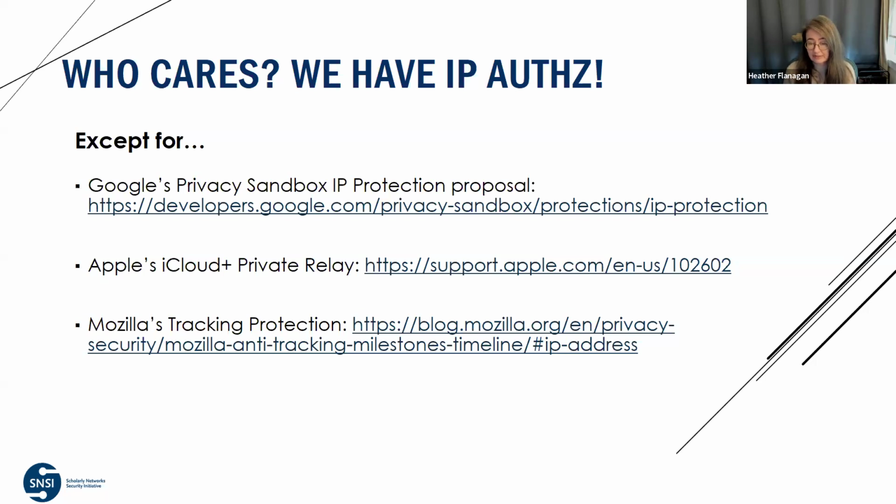This isn't broadly available by default, but it is certainly there for any iCloud Plus subscribers, and it's called Private Relay. So there's an announcement about that. Mozilla's tracking protection. Again, that's something that they're dealing with in terms of their anti-tracking efforts. And I've got a link for you there. Are you necessarily seeing this in action right now? Maybe yes, maybe no.